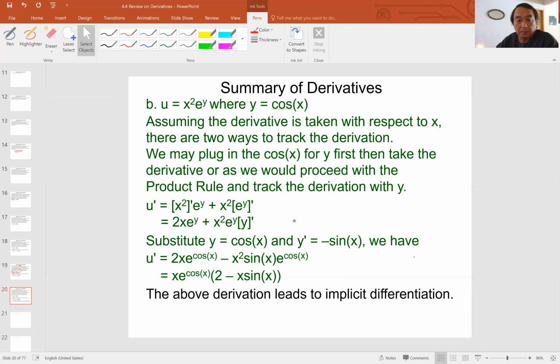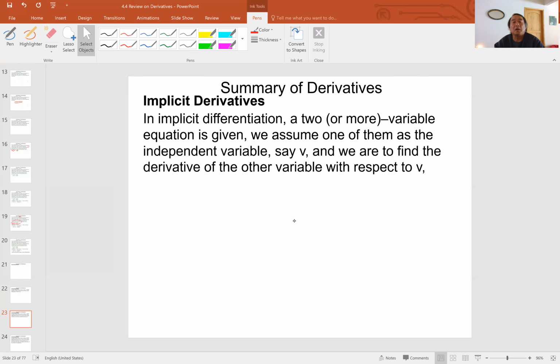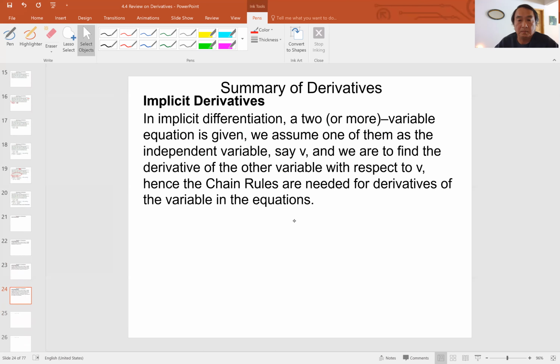Now we come to implicit differentiation. In the following example, I'm going to use two letters, u and v, so there's no preconception about who plays the role of x and who plays the role of y. Then I can designate and say, look at this as a function of u in terms of v, or the other way around.